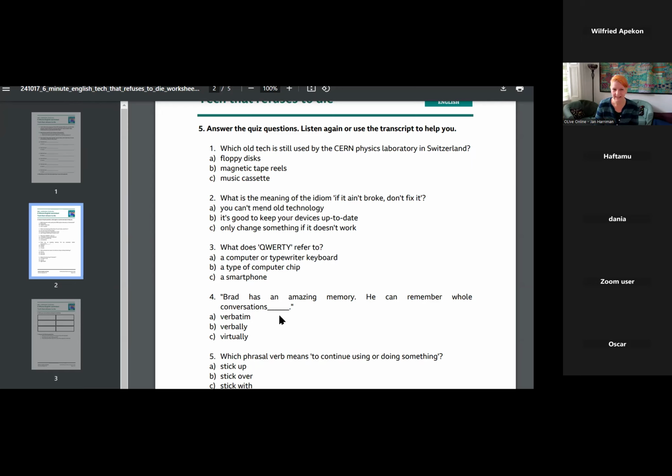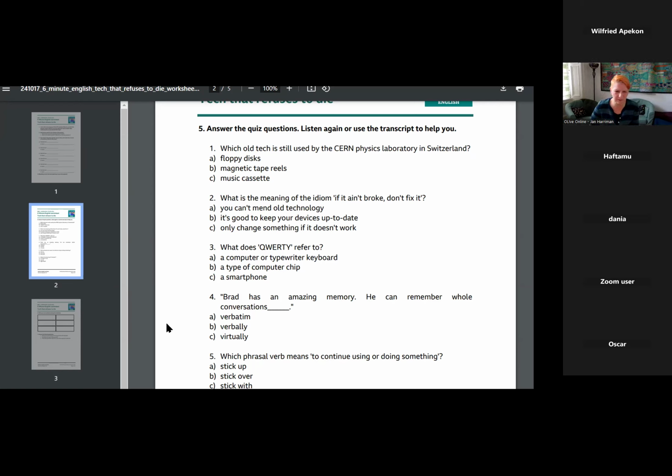Right. So if Brad has an amazing memory and can remember whole conversations, how does he remember them? If he remembers them word for word, which of those? Yes. Excellent. Good job.